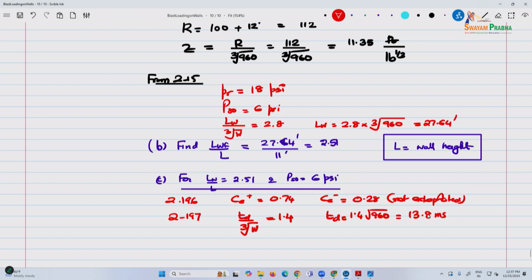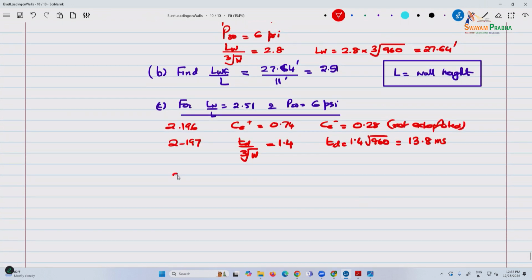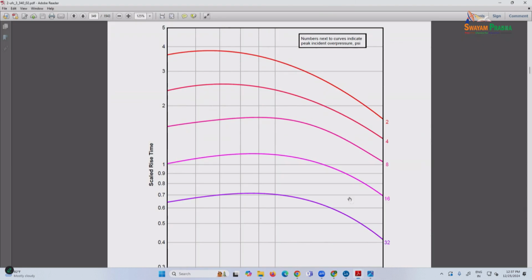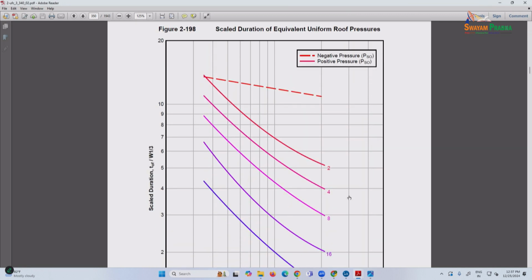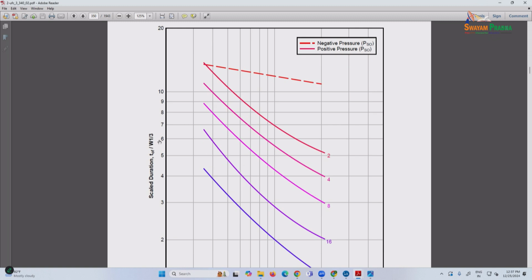I had 1.4. Then go to 2-98, TOF positive by cube root of W, TOF negative divided by cube root of W. So negative pressures and positive pressures you can calculate from here.